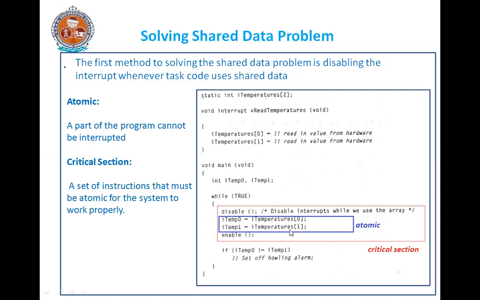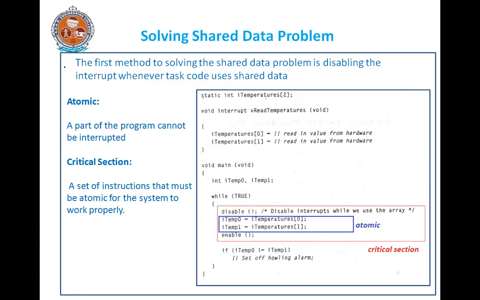Once the temperatures are read, these two statements are made atomic. Once these two statements have been executed, you can enable the interrupts again. This is how you can solve the shared data problem using atomic statements. So this is one way to solve the shared data problem.